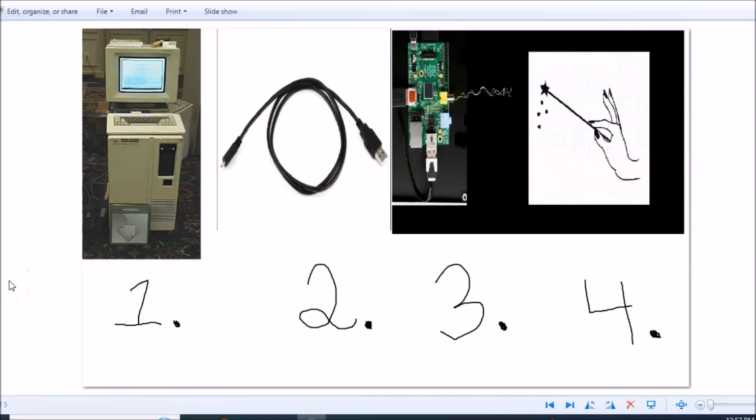I'm going to show you the process of how to put it all together when you actually do it. So it's 1, 2, 3, 4. Just follow the pictures along with the numbers. Expert system, USB cord, device, magic.